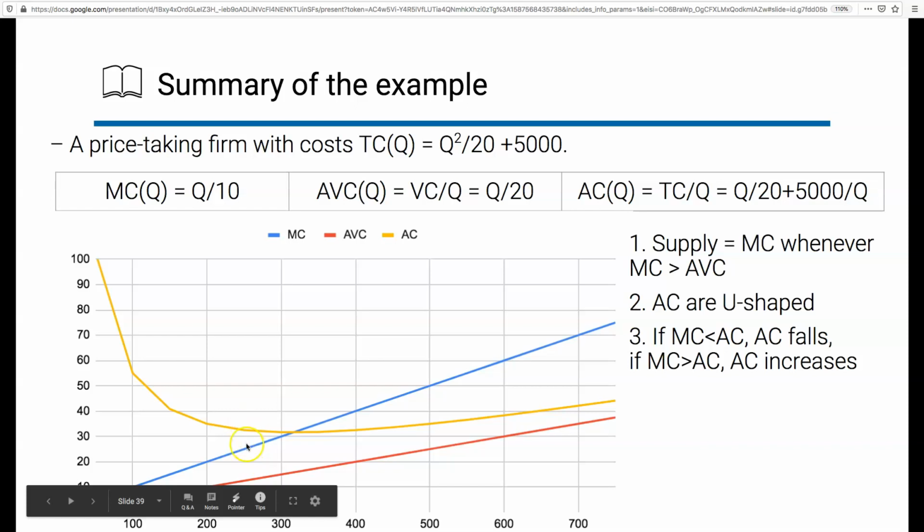And if an additional unit costs less than the current output on average, then the average cost of output, including that additional unit, has to go down. If an additional unit costs more than what it costs now on average, then with more output, the average cost has to go up.